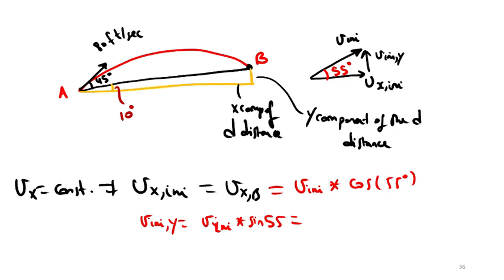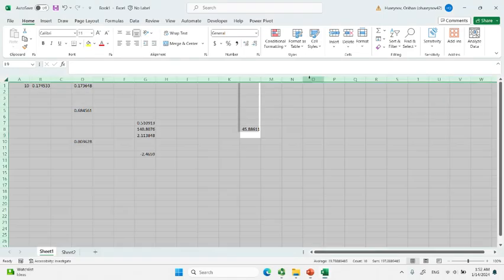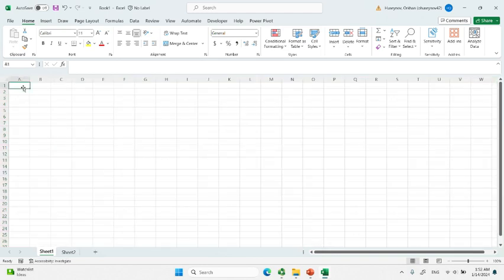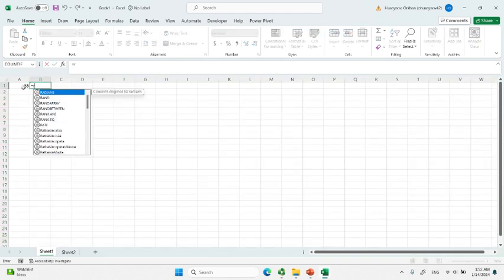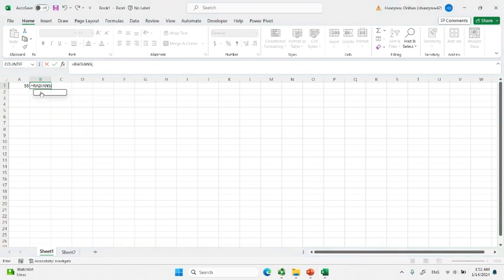Then we can solve it in Excel. I will start with the 55 degrees and then convert it into radians. You can see the radians function converts degrees to radians.